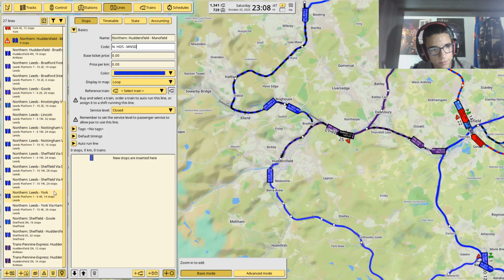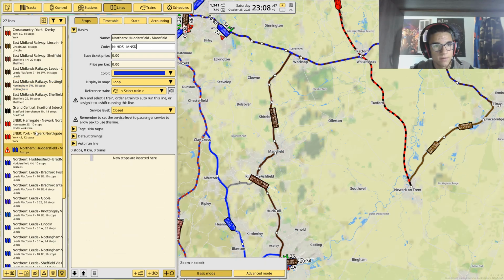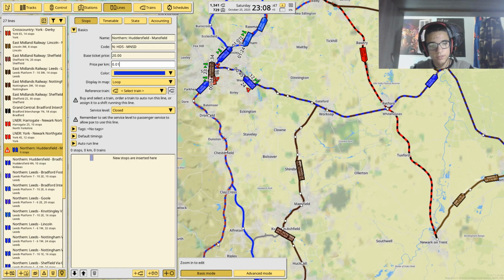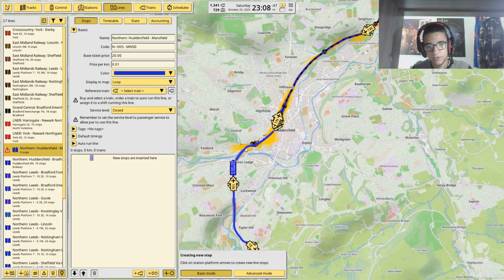What was Mansfield at first, actually? MNSD, yes, it is MNSD. Alright, and then need to set the price, about 20 quid as well, 0.01. So yeah, we're going to do another unrealistic line for fun, and also to reduce stress.